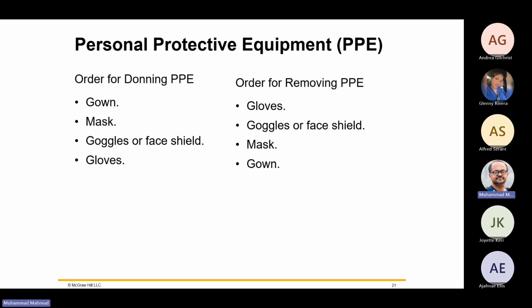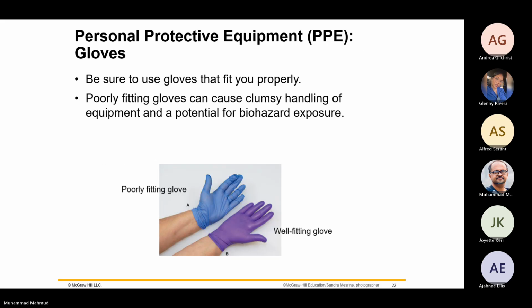I'll share a few videos later on after we complete the lecture. You will see how to wash hands as well as how to don and doff PPE. Be sure to use gloves that fit you properly. Poorly fitting gloves can cause clumsy handling of the equipment and the potential for biohazard exposures.